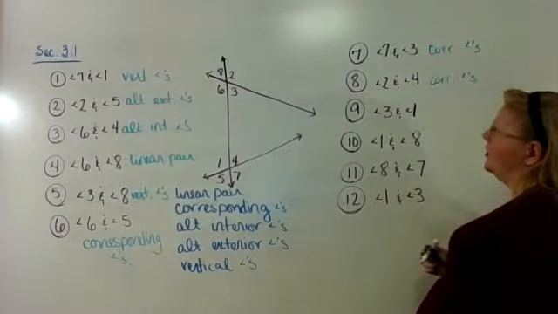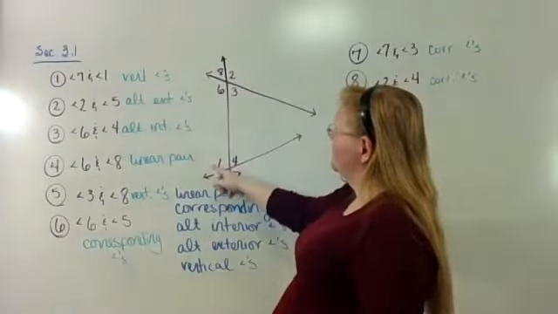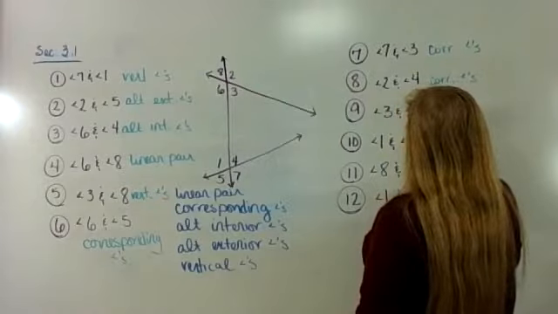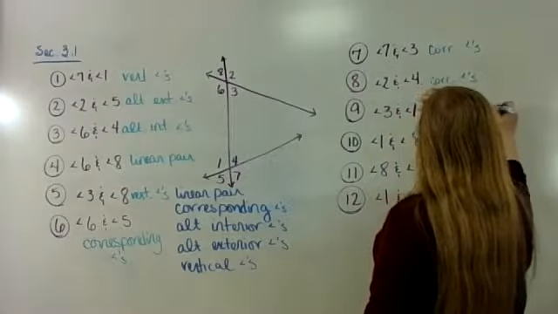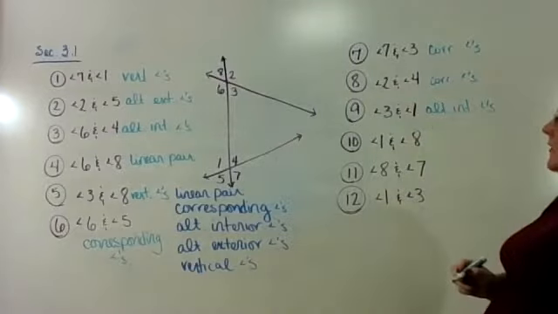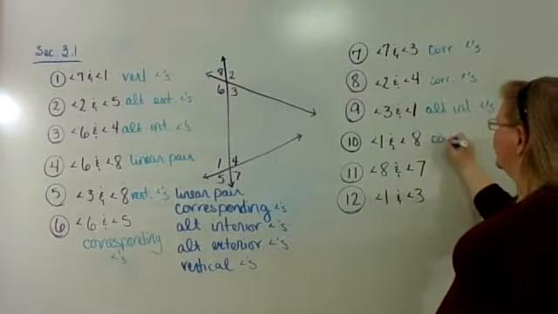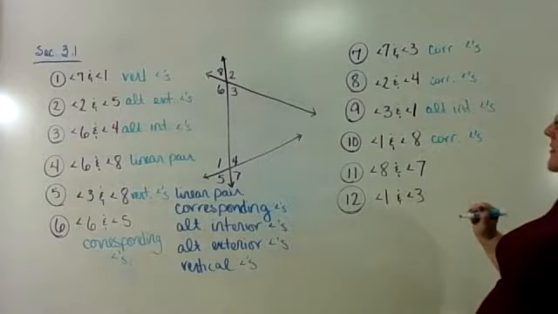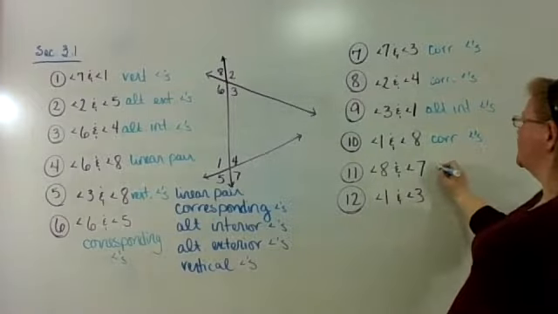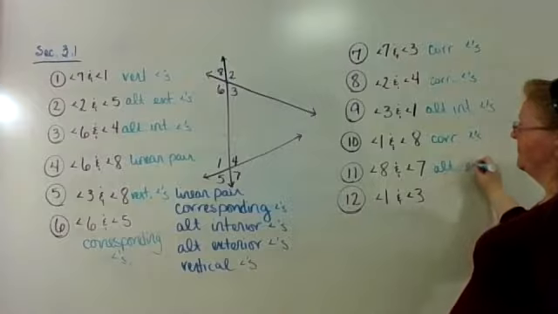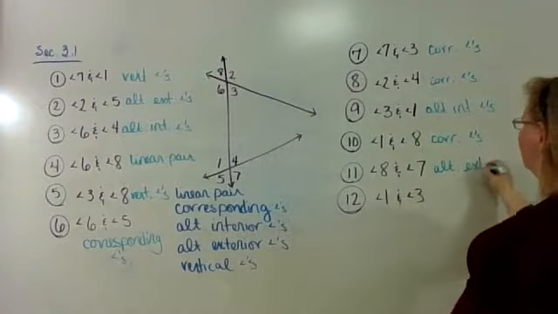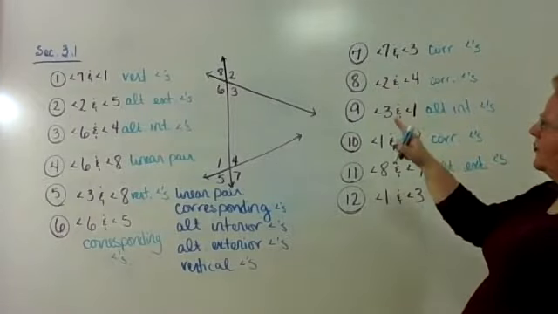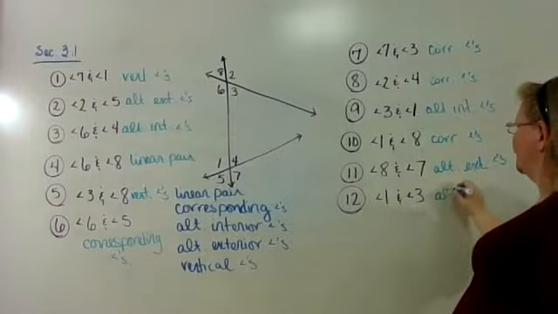Angle 3 and angle 1: alternate sides of the transversal, both interior, makes them alternate interior angles. Angle 1 and angle 8, they're corresponding. And then angle 8 and angle 7, ooh, that's new. Alternate exterior. Oh no, we had to have one of those. Alternate exterior angles. And then angle 1 and angle 3, alternate interior.